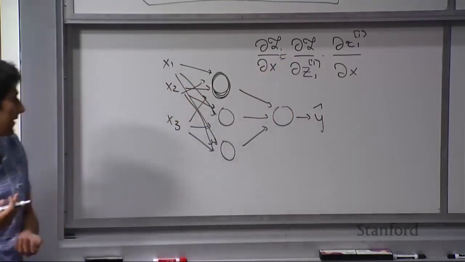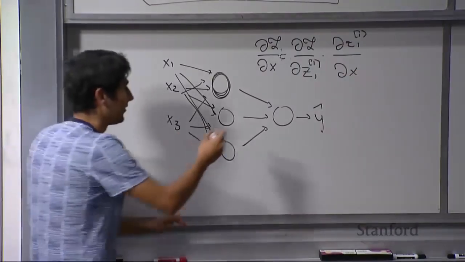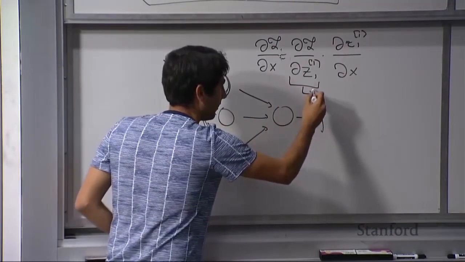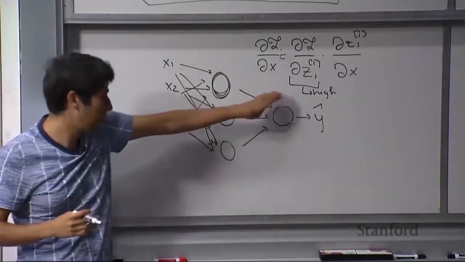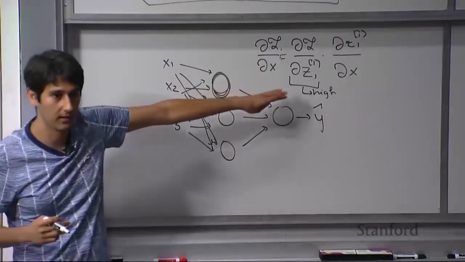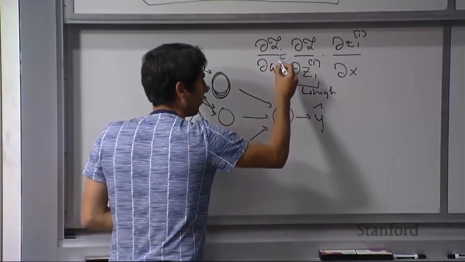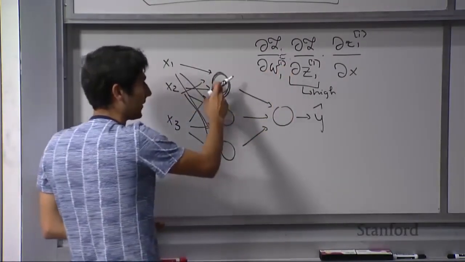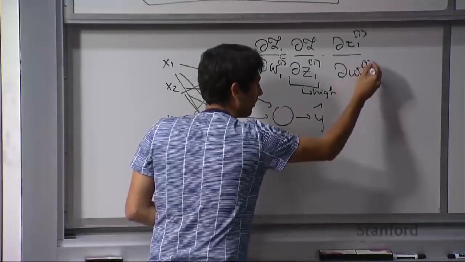What we're saying is that what we try to do with neural networks is to have this gradient be high. Because if this gradient is not high, we're not able to train the parameters of this neuron. Right? We need this gradient to be high. Because if you want to do the same thing with W1, which is the parameters related to this neuron, you would need to go through this chain rule.